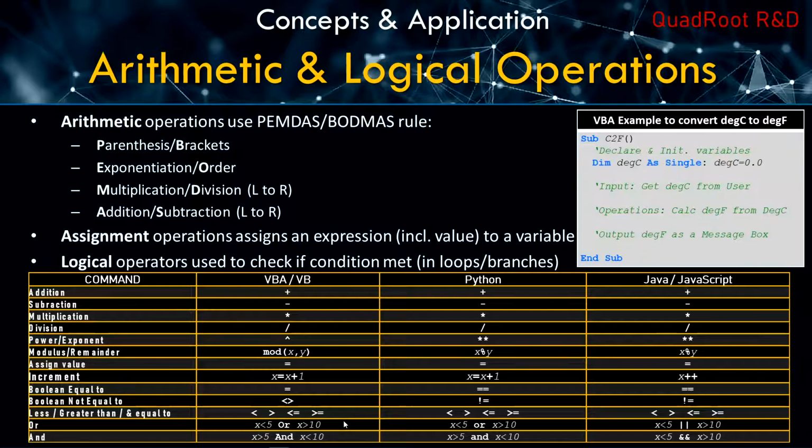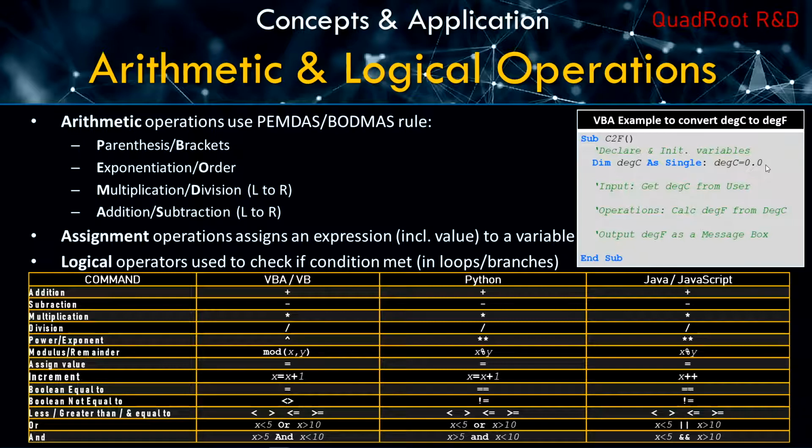So let's start with declaring the variables. Let's declare a variable called degreeC as a Single, which is a single precision float, or a decimal number between 0 decimals and 6 decimal places. And I've initialized it on the same line using the colon operator, and I've then initialized degreeC equal to 0.0 because it's a float.